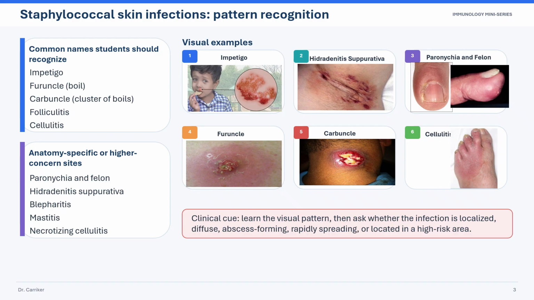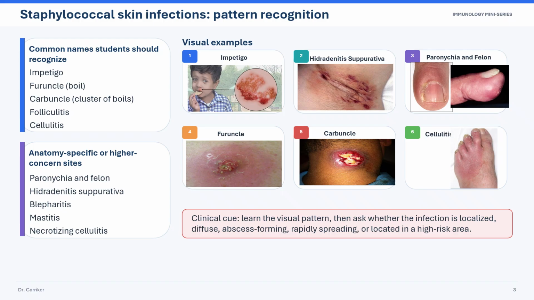Right up at the center of the screen, number two, hidradenitis suppurativa affects apocrine glands, particularly in areas like the axilla or the groin, and it often requires referral. Consider also anatomy-specific or higher concern sites like blepharitis, which affects the eyelids, and mastitis, affecting breast tissue, often in lactating women, but not exclusively.